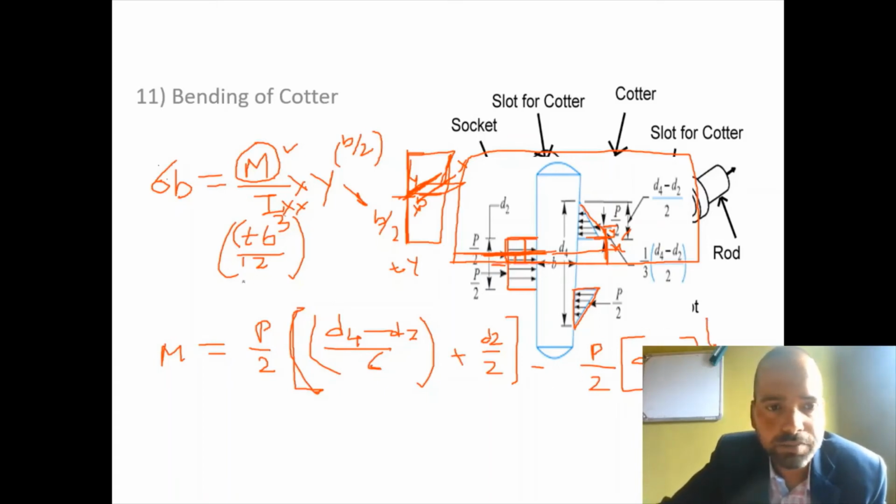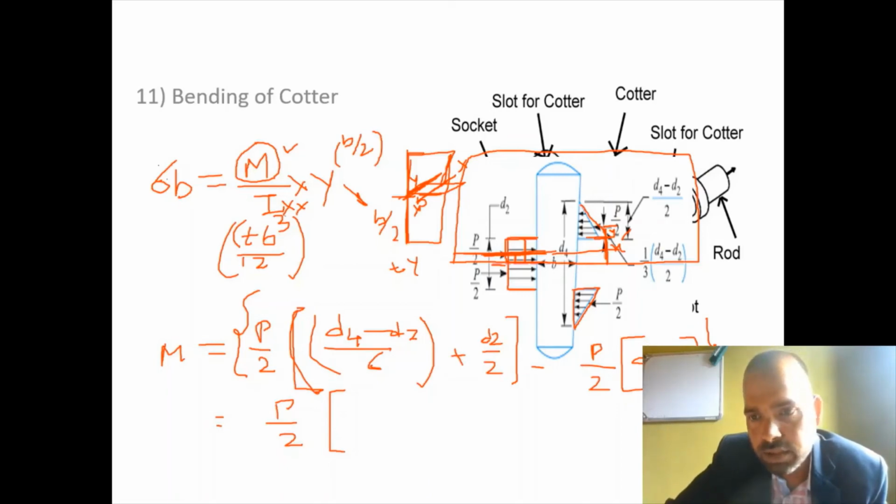For this bending moment, if I simplify this equation, taking P by 2 common and solving, d2 by 2 minus d2 by 4, I'll get d2 by 4 plus (d4 minus d2) divided by 6.